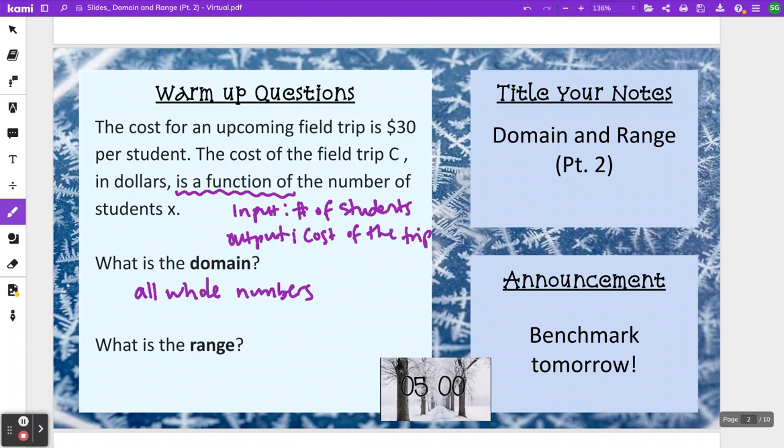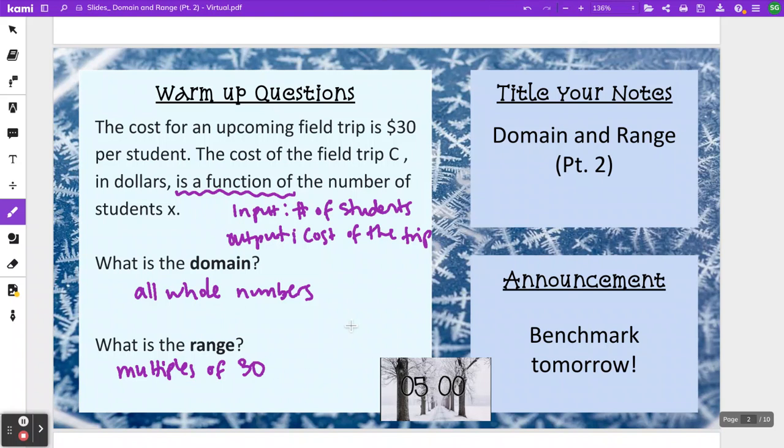Like $30 would be possible, $60 is possible, $90 is possible. And so we've learned to describe that as multiples of 30. Again, we've seen with range sometimes there's a minimum or a maximum, but here, since there is no minimum or maximum for the number of students, that means there's no minimum or maximum for the cost of the trip. We'll just say multiples of 30.